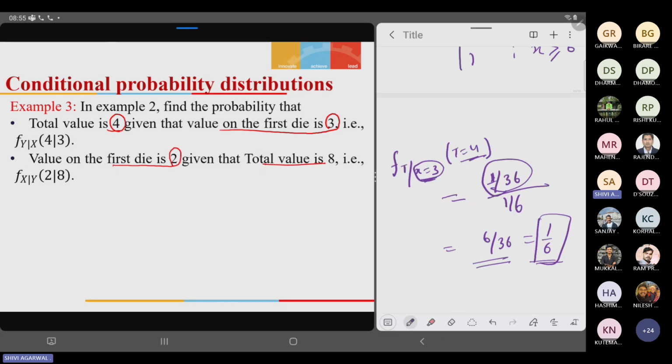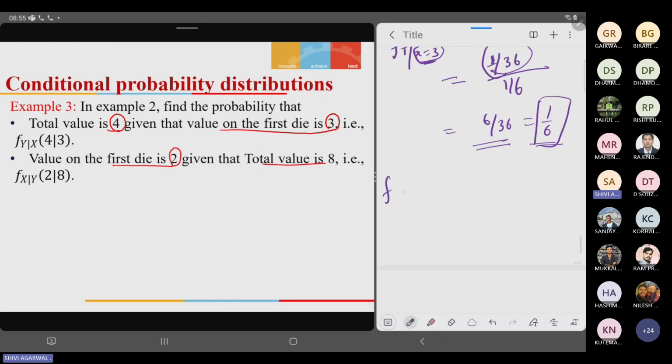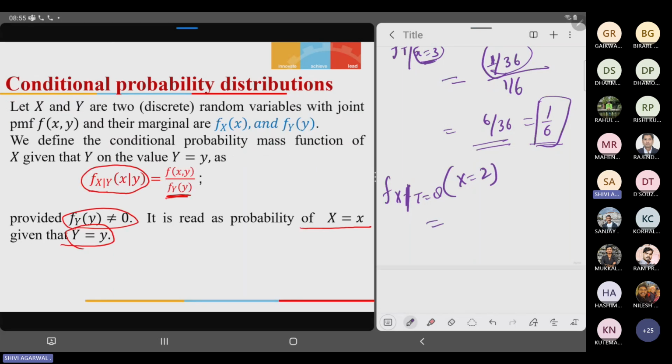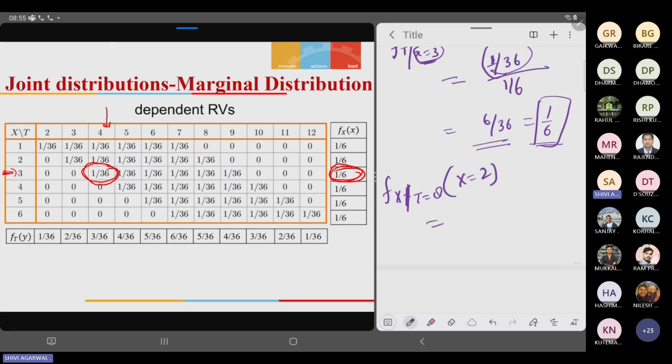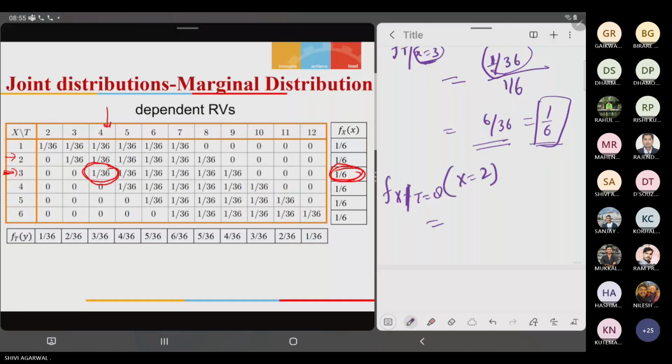Next question. The value on the first die is 2. Now they are changing the concept: given that the total value is equal to 8, and x is equal to 2 here. So what you will do in this table is take x is equal to 2 and t is equal to 8.